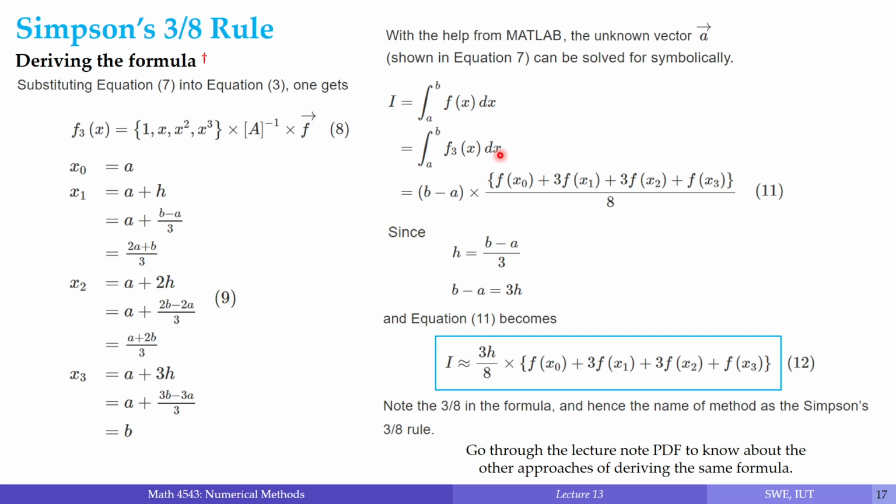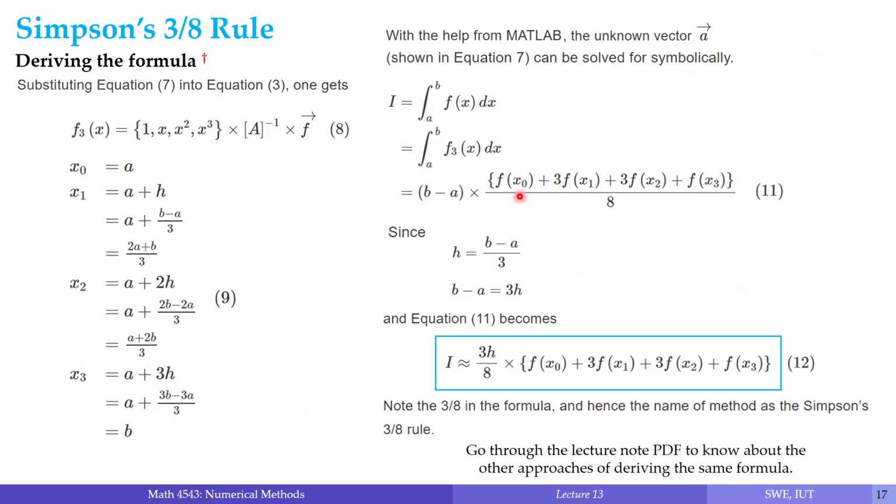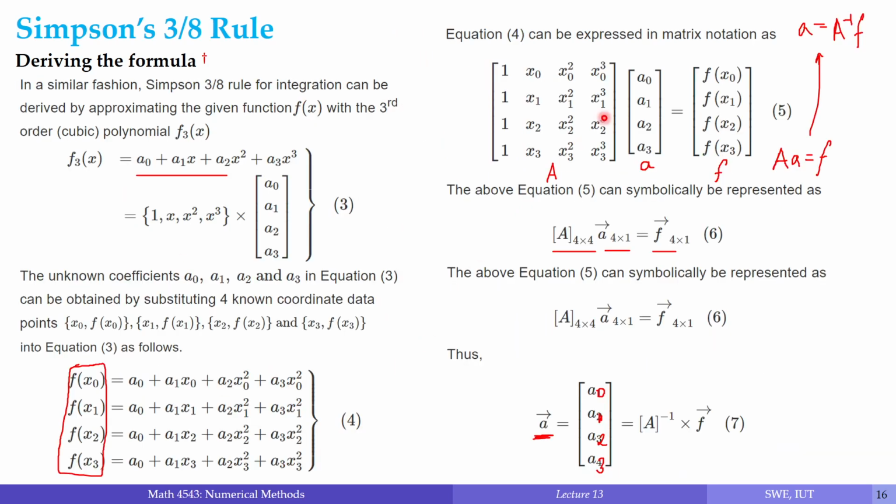So you can resort to using MATLAB, Octave, Maple, or Wolfram Alpha. These are symbolic equation solvers, software that can solve equations for you. You can just provide them with the matrices and the corresponding column vector f, and they will give you the actual values of a0, a1, a2, and a3 in symbolic format.